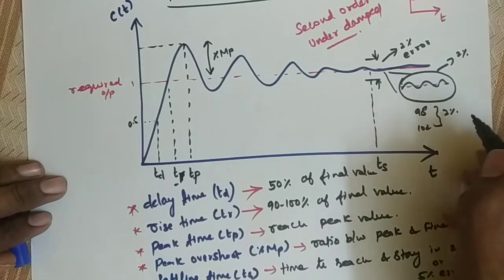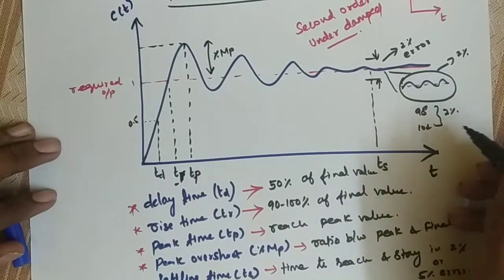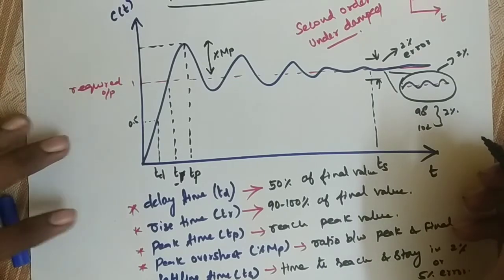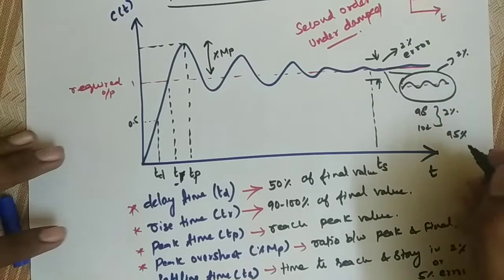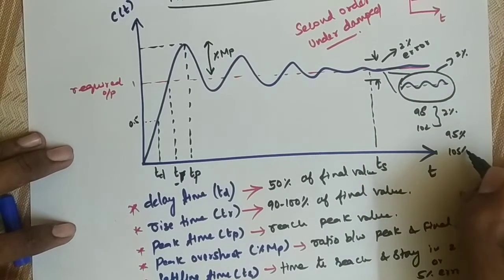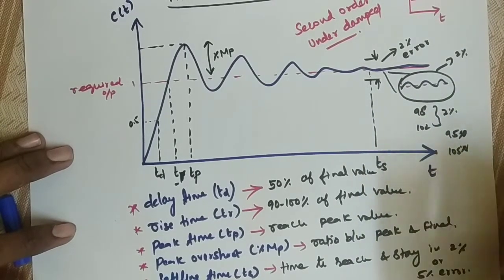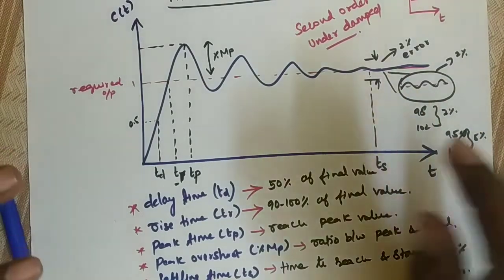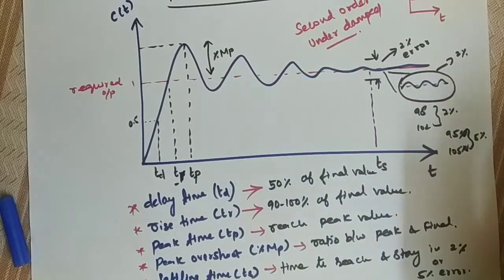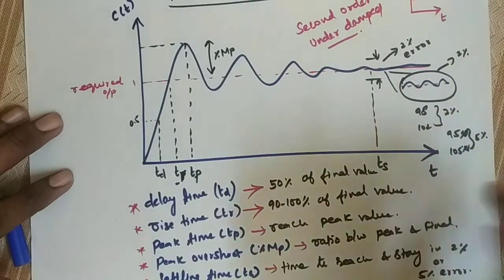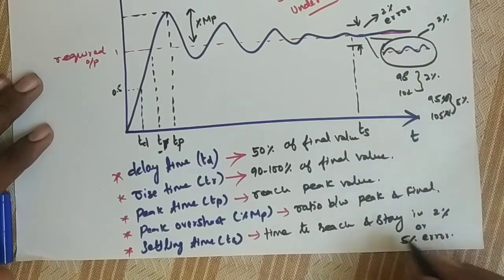If you are expecting 100 volt from your system and it is producing oscillation between 95 to 105 volt, this is what we call 5% error. So it is not possible to get 100% output, but they fix one allowable error value.